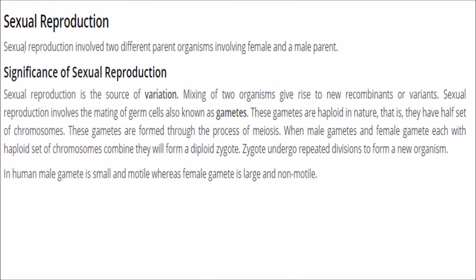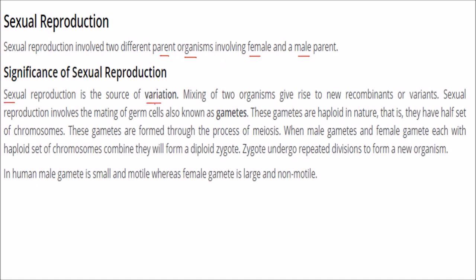Sexual reproduction. Now in sexual reproduction, two different parent organisms are involved. One is female, one is male. So two parents are involved in order to create a child. What is the significance of sexual reproduction? Sexual reproduction is a source of variation.